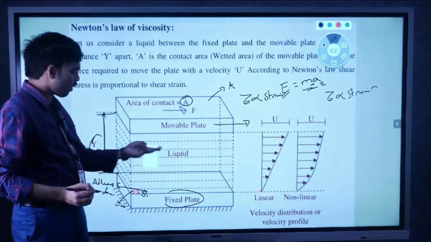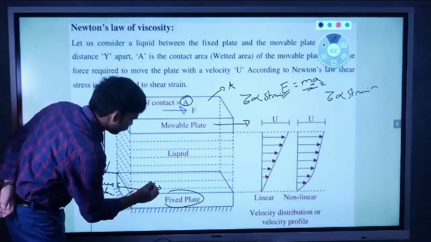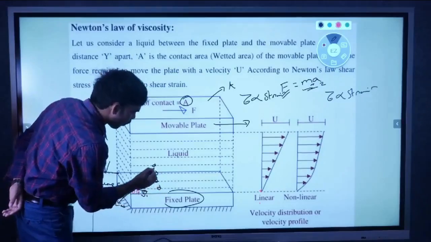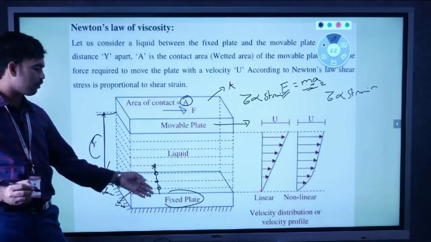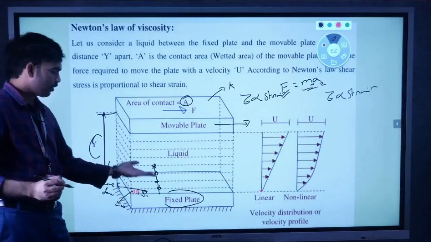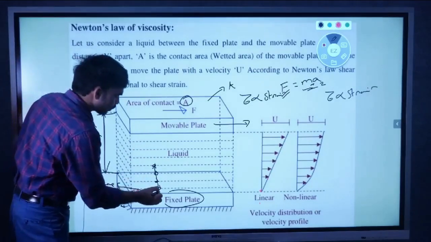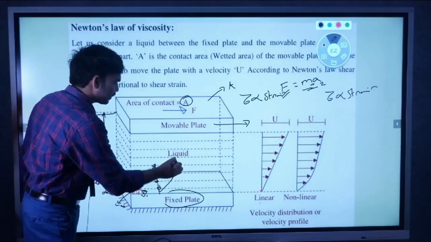If you go up, what will happen? The molecular attraction between the solid surface and the water particles will reduce. So the velocity keeps on increasing.